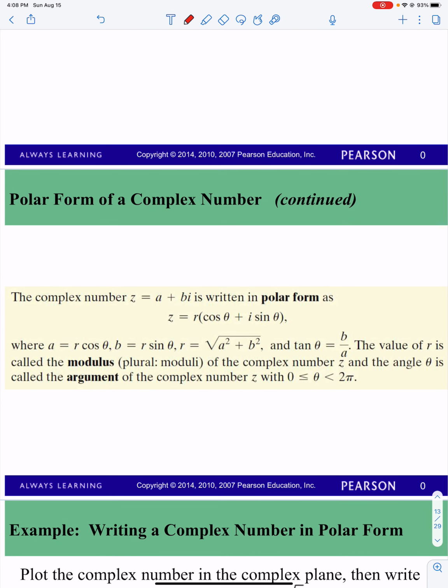And where does r come from? r used to be the distance in polar coordinates. So r is the square root of a squared plus b squared, and tangent theta equals b over a. That's also from polar coordinates.